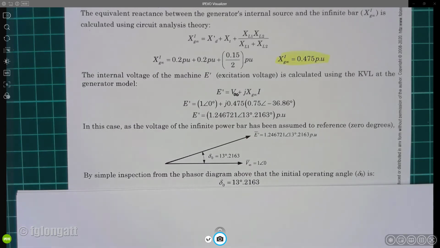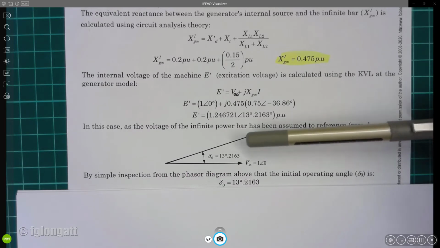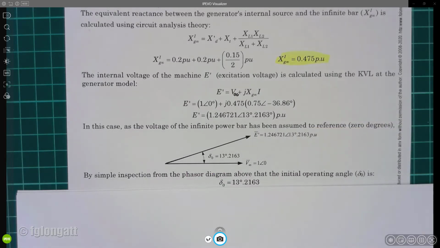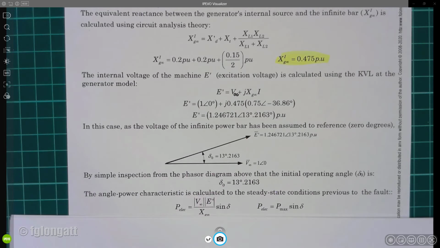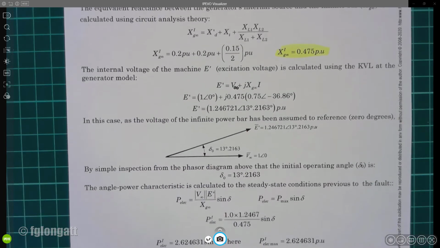Okay, in this case, from that phasor diagram, because the infinity bus bar is located at reference, it's simple to see that the initial operating angle of this machine is basically 13.21. Very simple.